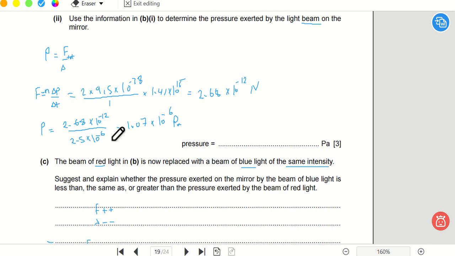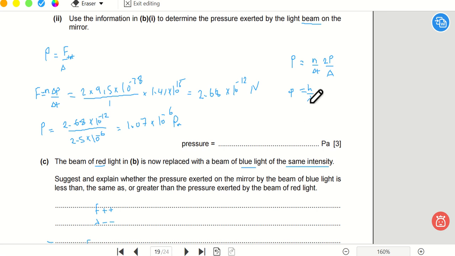We can write here that pressure equals N over delta t times 2p, we have area constant, and we can say that the pressure will be affected by number of photons, and p as it equals h over lambda, so it will be affected by lambda.